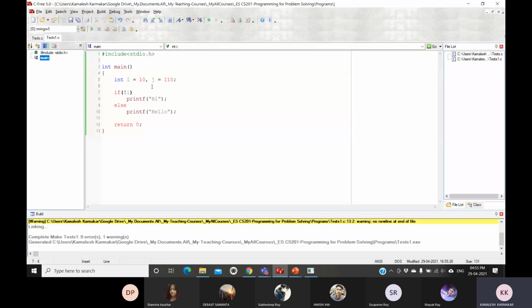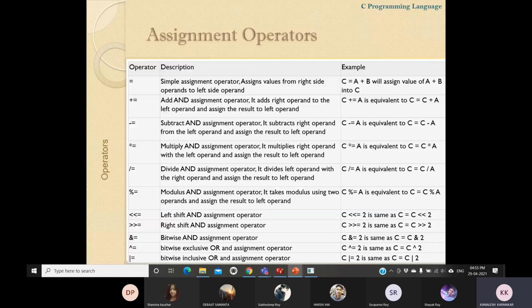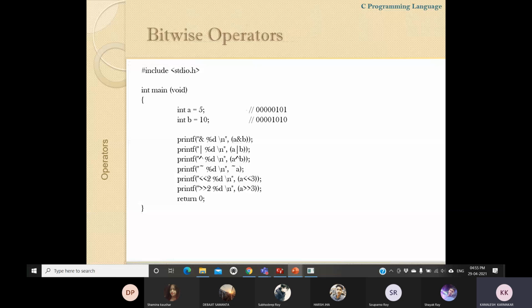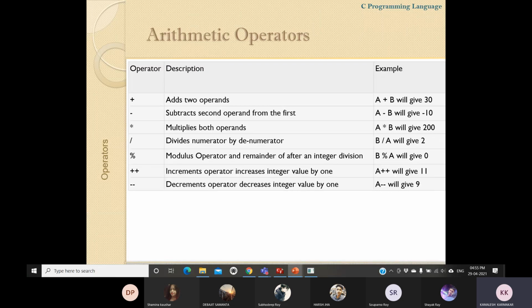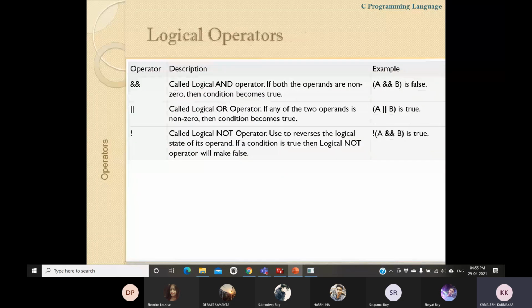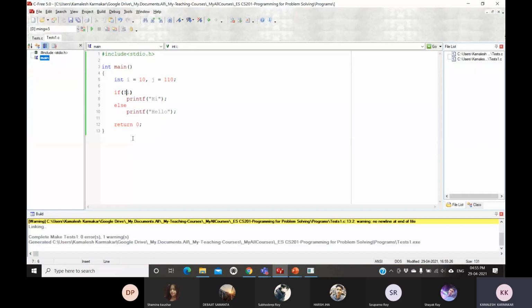So we've got this answer because here we are using the NOT operator. This is the logical NOT operator. If a condition is true and I write NOT before this condition, it will revert the condition.